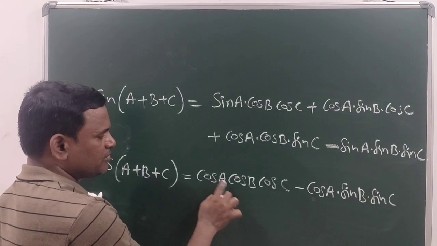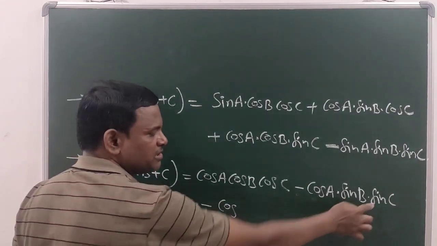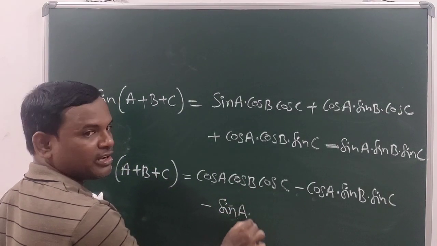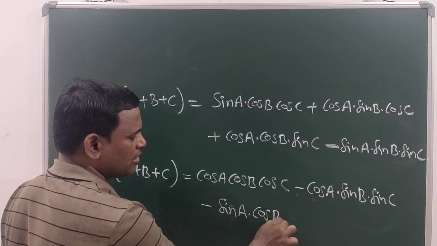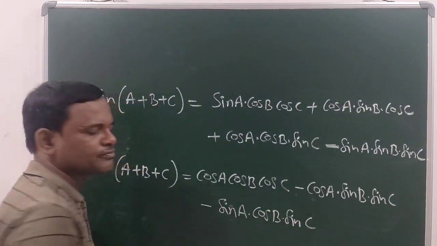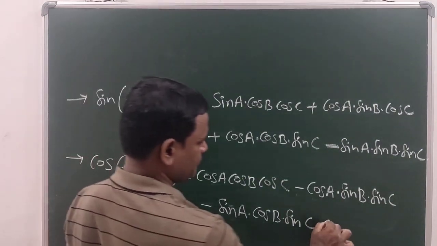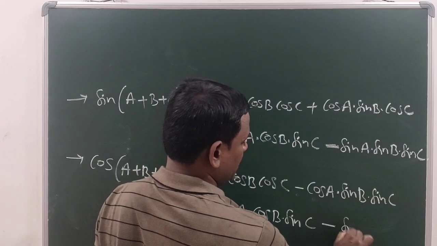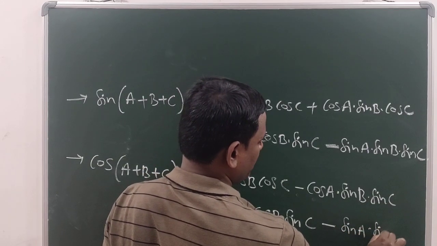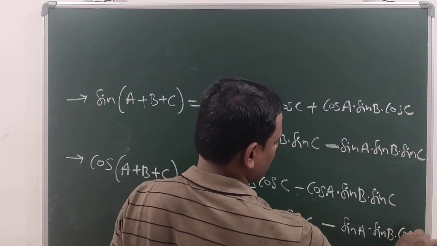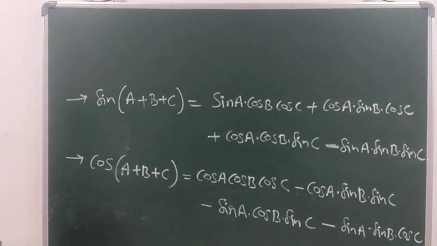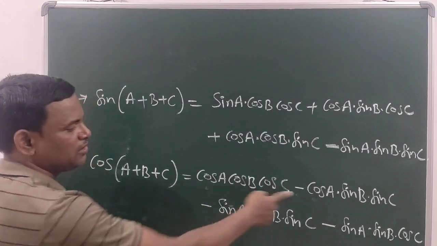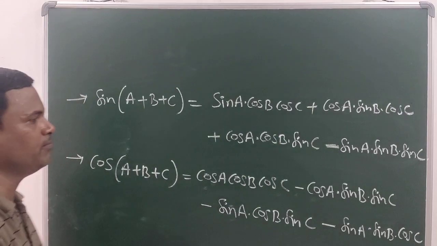So see here: cos A cos B cos C minus cos A sin B sin C, and here first sin A into cos B sin C you will get, and in the middle, for the last one here you will get minus sin A into sin B into cos C. So this is the cos(A+B+C) formula: for the first one plus, for the remaining three terms minus sign will come.